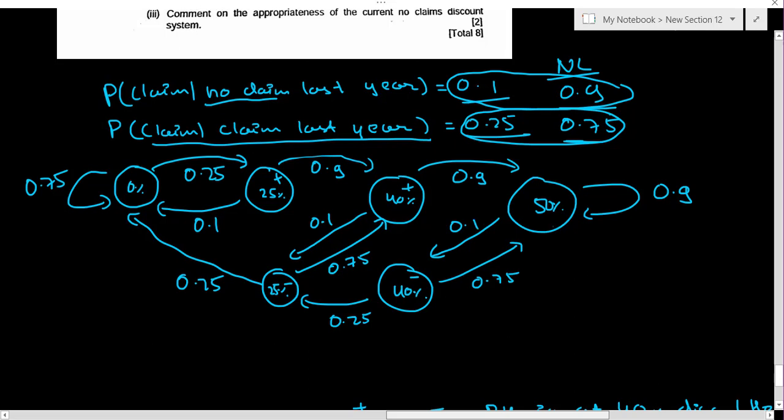You are at the highest state, and this indicates that you did not make a claim last year. So that is why you'll move down with 0.1 and you'll move up with 0.9, right? So that's what your transition diagram will look like.